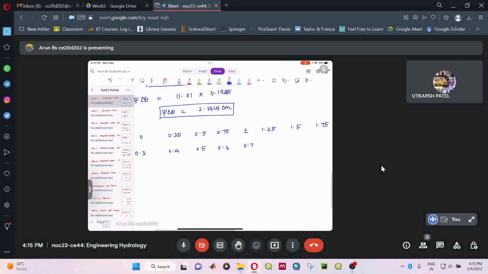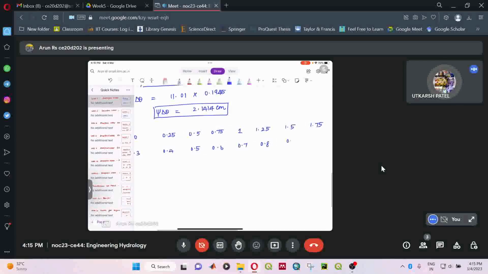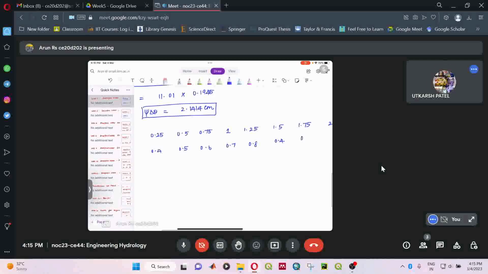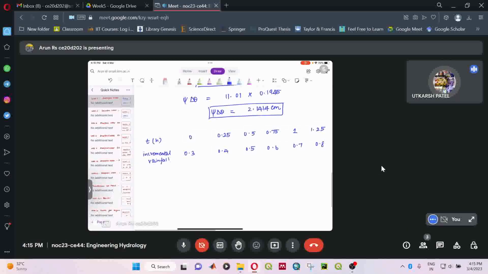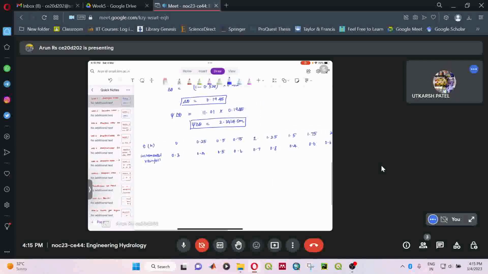Sir, in the question that was given in the assignment, there is a range of answers. Like my answer in one question is 10.43, and it got rejected because the answer is in the range 10.53. So this happens because in the question it will be given to approximate your answer to two decimal places or three decimal places. So when you are solving in the calculator, try to solve it as accurately as possible. Don't round off in between.